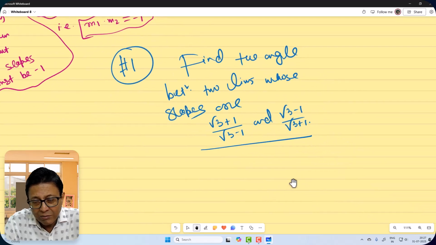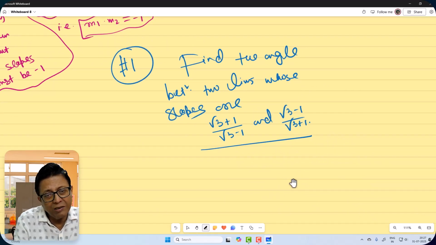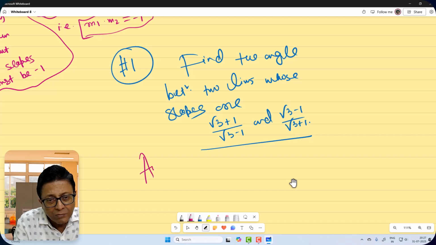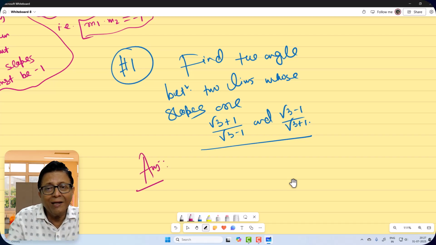No other method, just by drawing and finding. Just use formula. Formula you should learn, and sometimes drawing a diagram is also helpful.